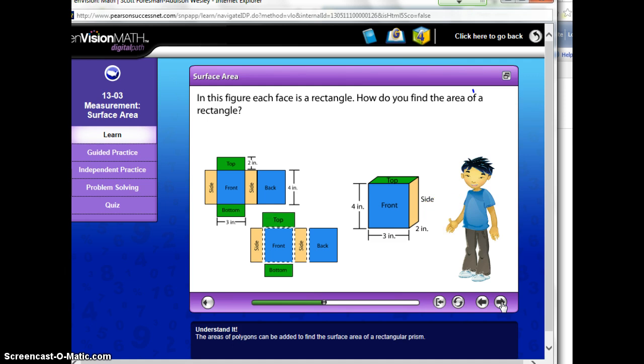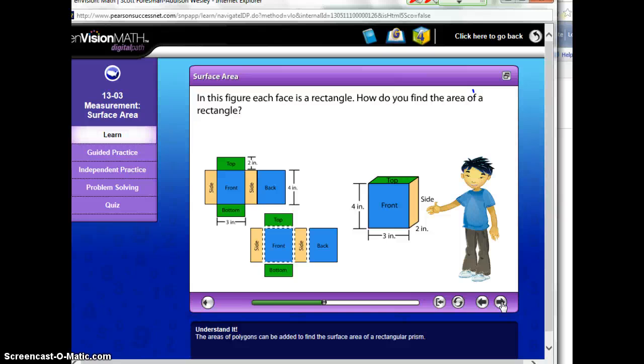Okay, so let's use these numbers. Now, I wish that we would be able to cut apart every shape that we figure out the surface area for, but that's not really doable. We can't really do that so well. So instead, I'm going to teach you a trick that I learned, and I think it will help you.